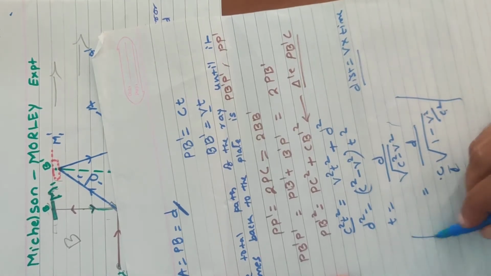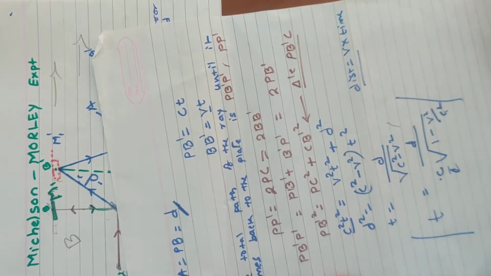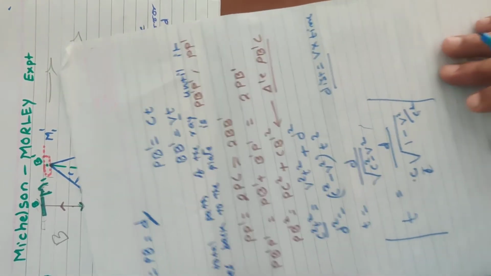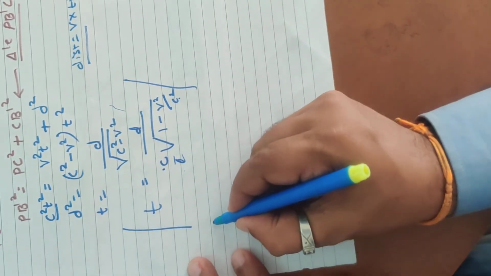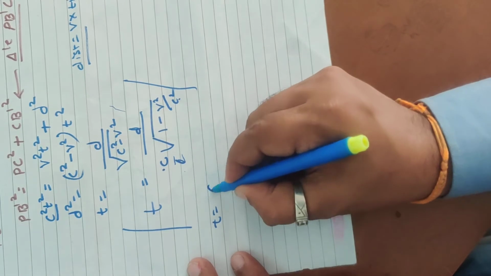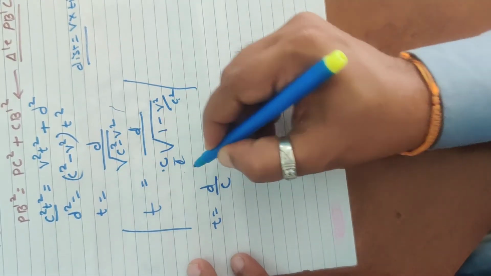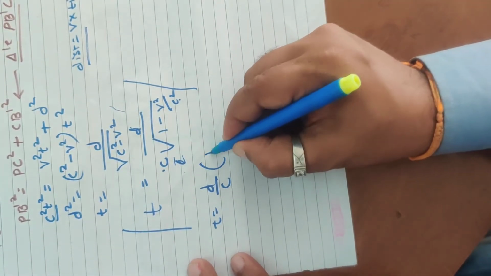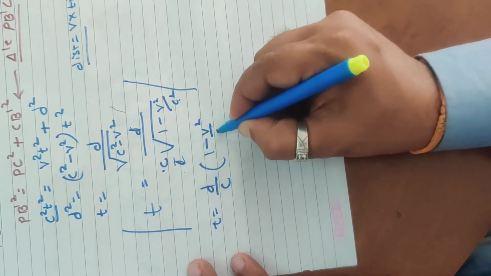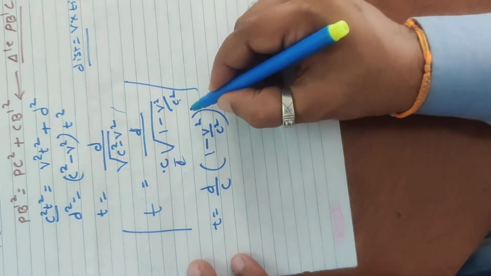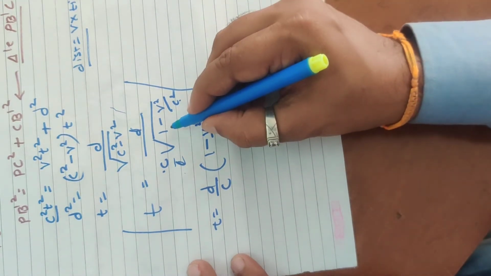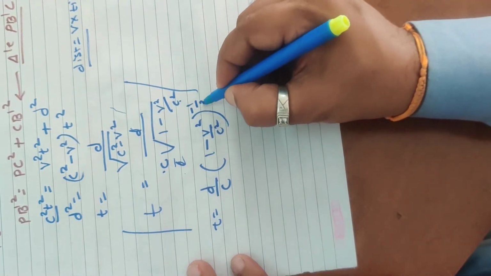Therefore this is how the time of the total path of the ray until it comes back, that I can rewrite as T equal to D upon C into root of 1 minus V square upon C square. Instead of root in the denominator, I have taken it in the numerator, therefore minus 1 by 2.